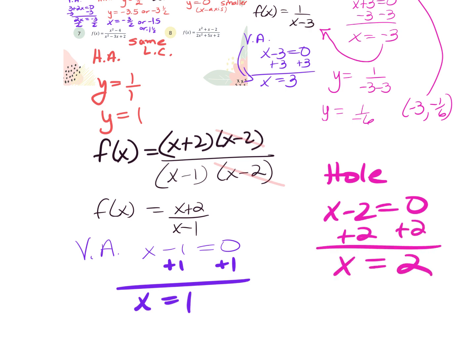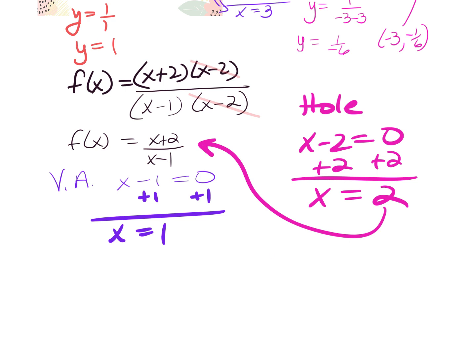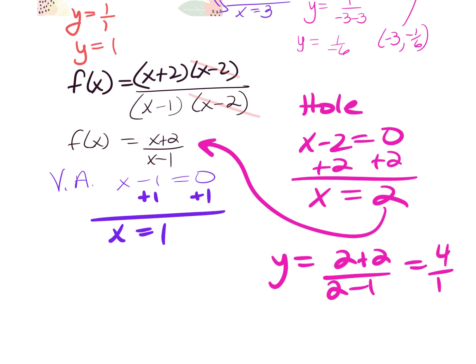The x of the ordered pair of the hole is 2. And now take this 2 and plug it into the simplified function. So y equals 2 plus 2 over 2 minus 1, 4 over 1. The y of the hole is 4. So the ordered pair for the hole is 2, 4.